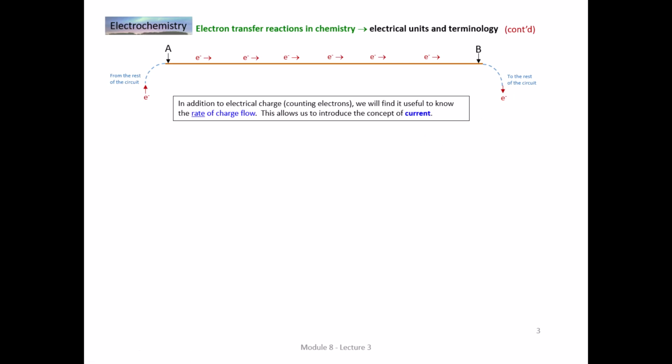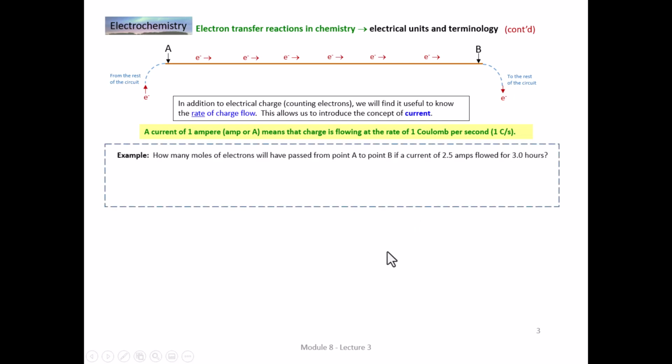Now, this allows us to introduce the concept of current. A current of 1 ampere, or 1 amp, or 1A would be the symbol for amps, means that charge is flowing at the rate of 1 coulomb per second.